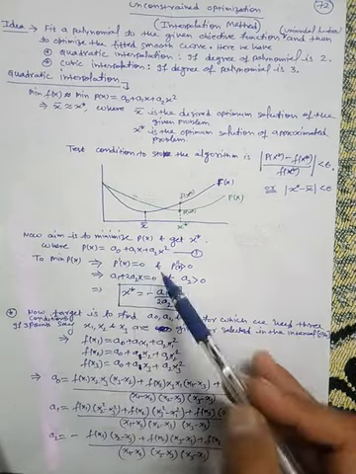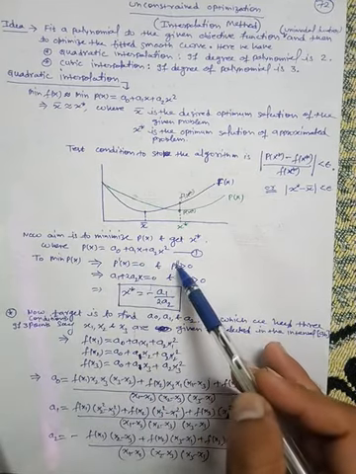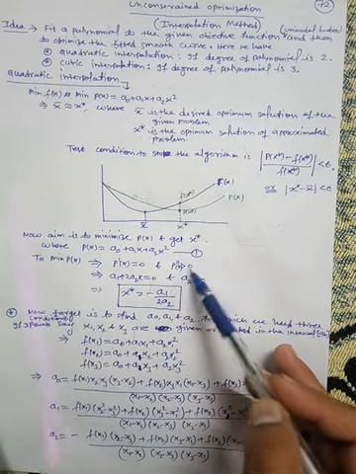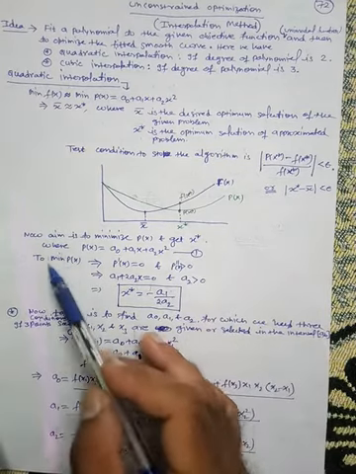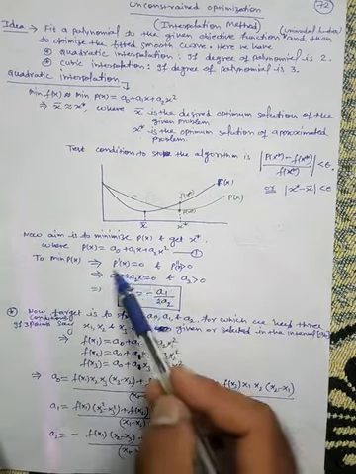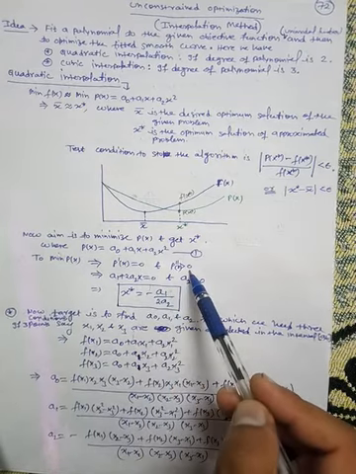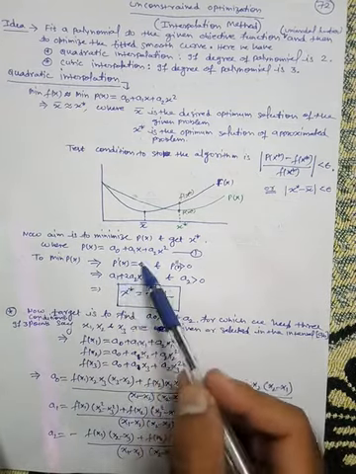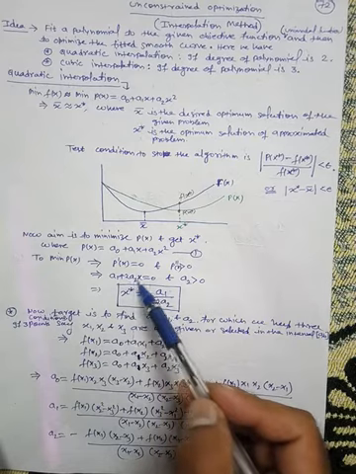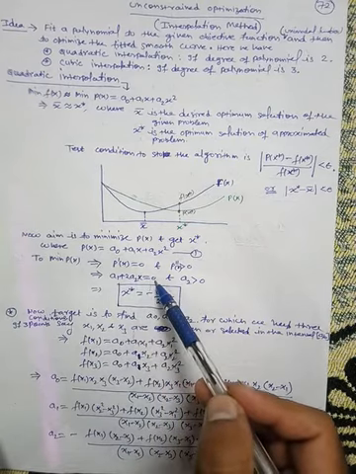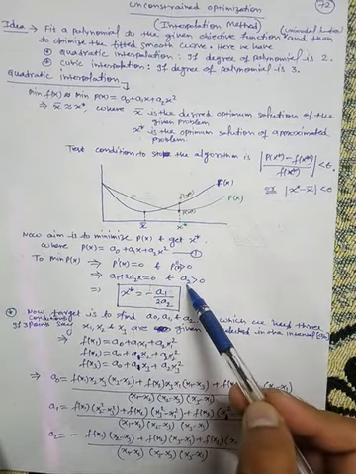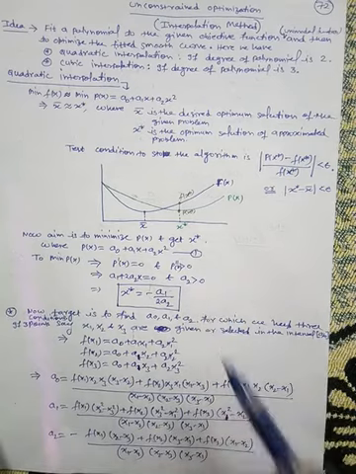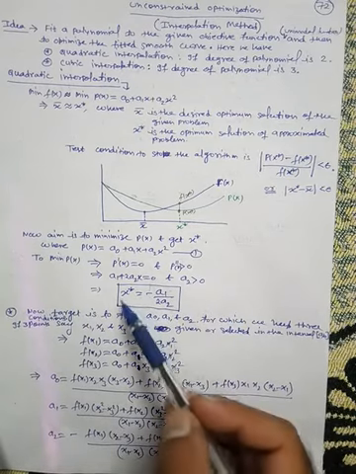The sufficient condition is that the second derivative p''(x) should be positive, because our target is to find the minimum. The necessary condition gives a1 + 2a2x = 0, and the sufficient condition gives a2 greater than 0. From these two we get x star.